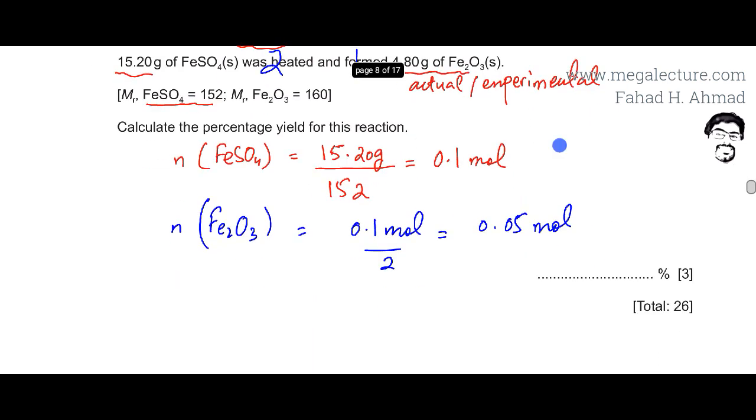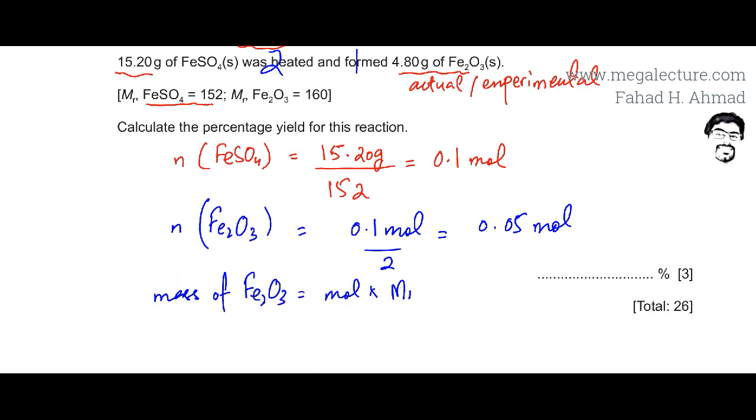Now move to the next part. We found the theoretical moles of Fe2O3. I'm going to find the mass of Fe2O3. That would be moles multiplied by the MR. Moles are 0.05. The MR is given over here as 160.